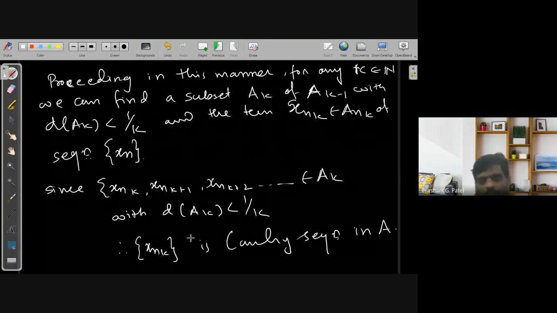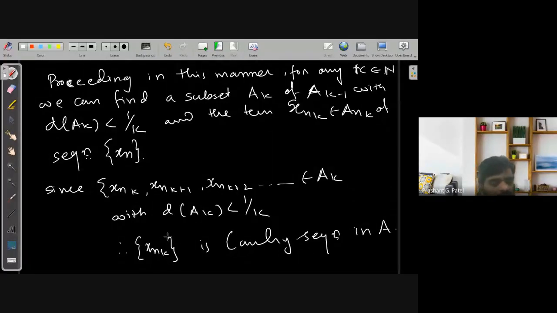Here we have proved that A is totally bounded if and only if every sequence contains a Cauchy subsequence.